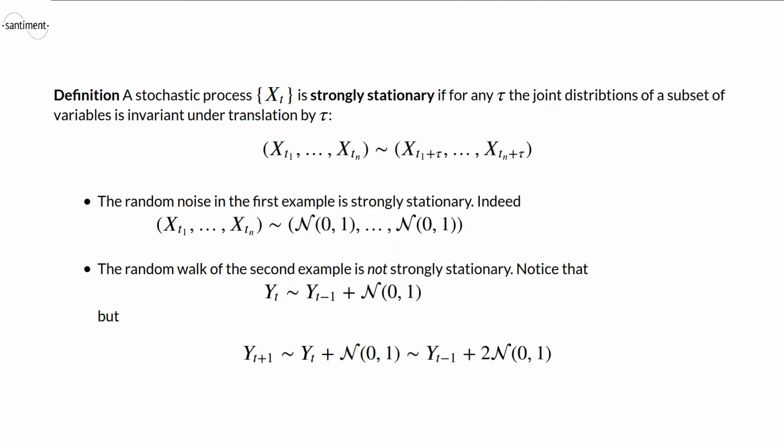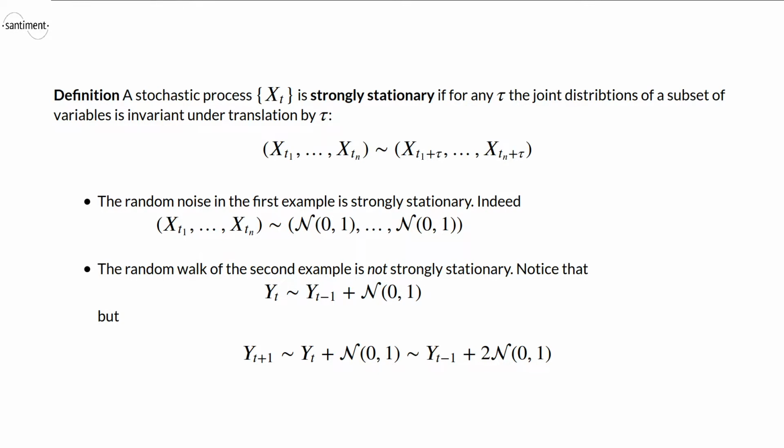But the random walk is not stationary. So how can we see this? If we apply the formula, y at timestamp t is equal to y at timestamp t minus 1 plus some noise. And then y at timestamp t plus 1 is equal to y at t plus noise, but this is equal to y at t minus 1 plus adding noise 2 times.